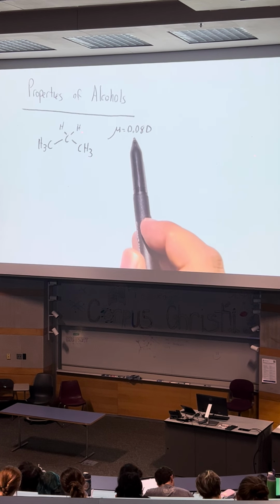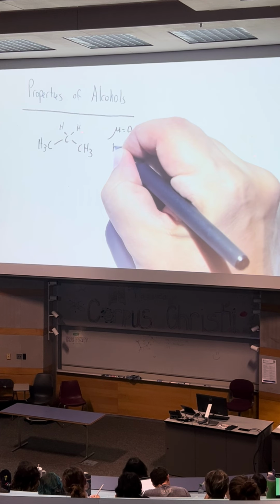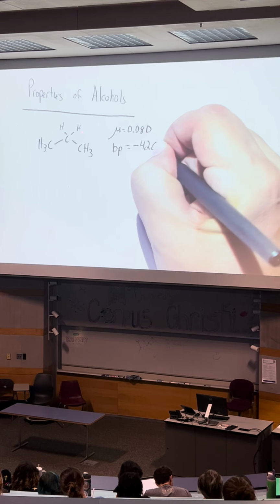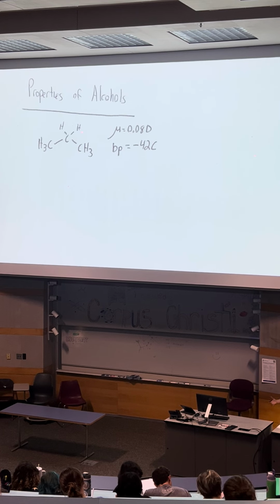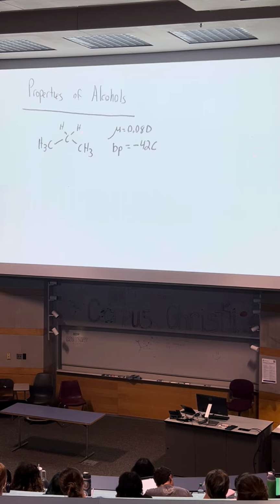And so this is 0.08 Debye. The boiling point of this is negative 42 degrees Celsius. Now, room temperature is 25 degrees Celsius. It's probably a little bit colder in here, probably like 23. But what it means is that this thing right here we know is a gas at room temperature.